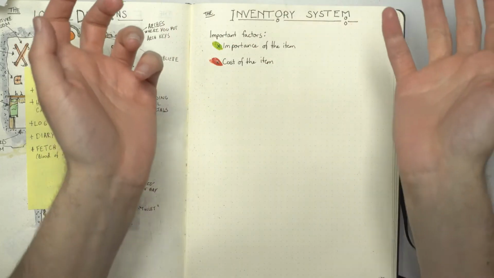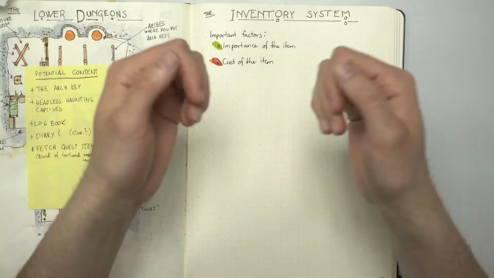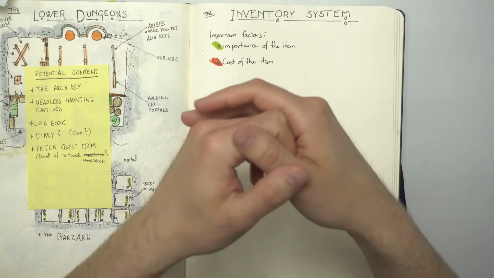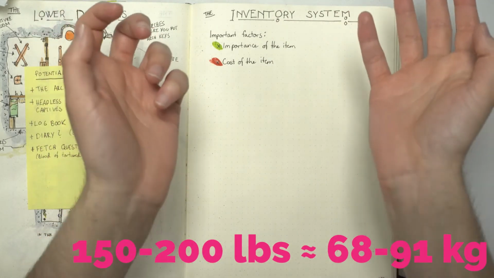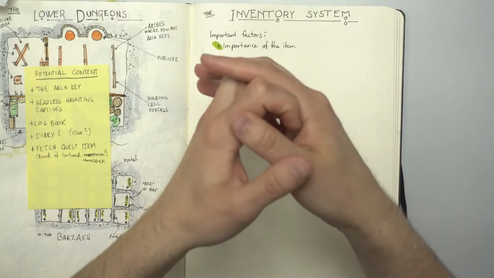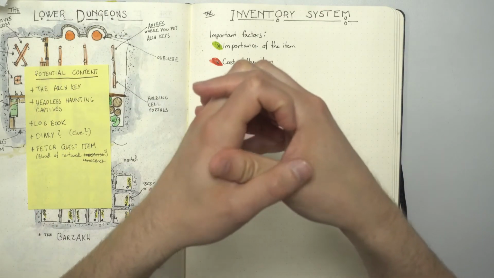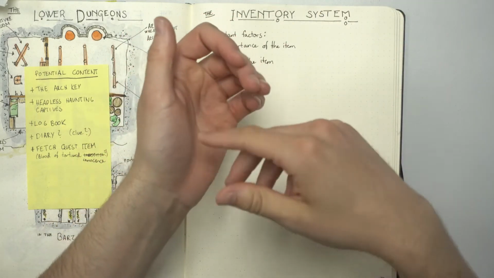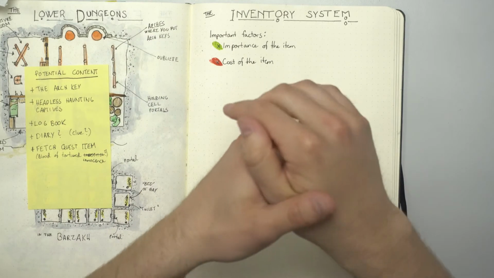D&D fixes this problem by increasing the inventory size. It's easy for a regular character to carry around 150 to 200 pounds of items without having any penalties. And you can add magical items such as bag of holding and portable hole to further increase your inventory space.